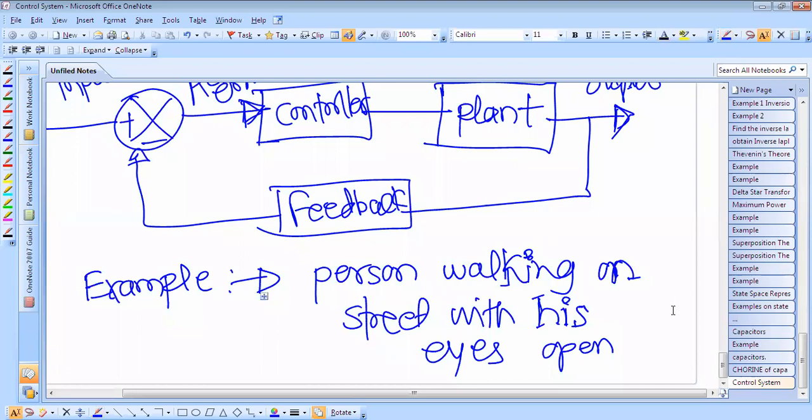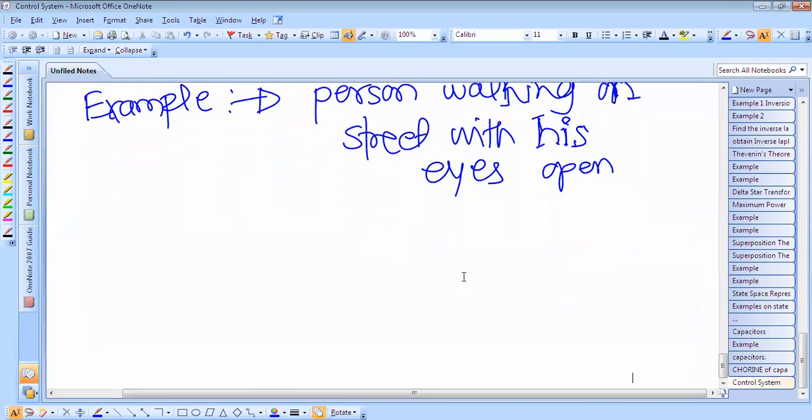Another example: suppose his eyes are closed. What will happen? He will not get the feedback. That means it will become an open loop control system.